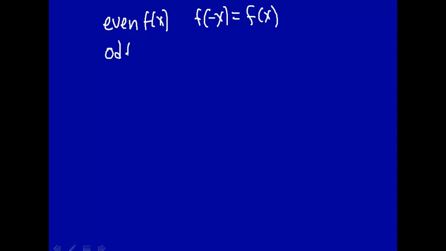All right, for an even function of x, by definition, if you take f of minus x, you get the same function back again, f of x. On the other hand, if a function f of x is odd, then if you take f of minus x, what you get is the negative of the function f of x. So by replacing x with minus x and seeing if you get either the same function or a different function, you can determine whether you have an even or odd function.